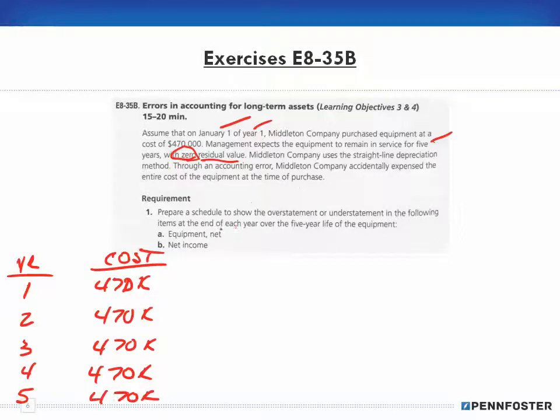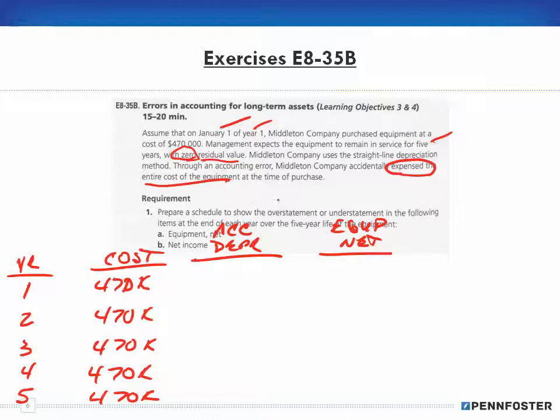Then our accumulated depreciation, and then we need an equipment net. The equipment net is what should have appeared on the balance sheet, because remember, we accidentally expensed the entire cost of the equipment.